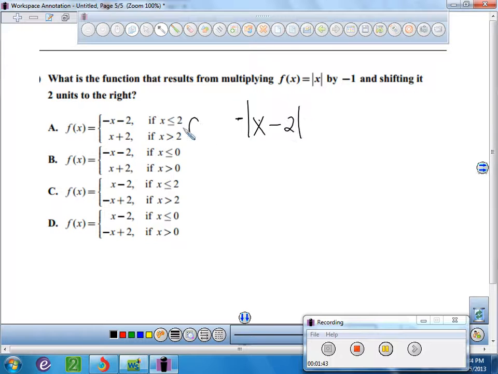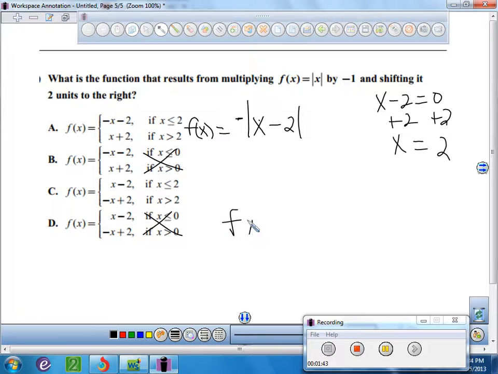So this right here would be the absolute value multiplied by negative and then move 2 units to the right. But then we look down here and we have a piecewise function. So what we'll do is we'll say x minus 2 equal to 0, add 2 to both sides, so x is equal to 2. So we're going to eliminate those two answers right off the bat.